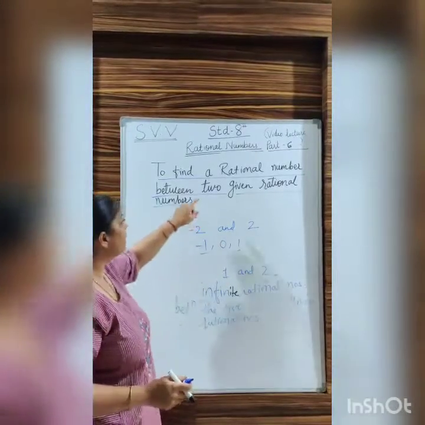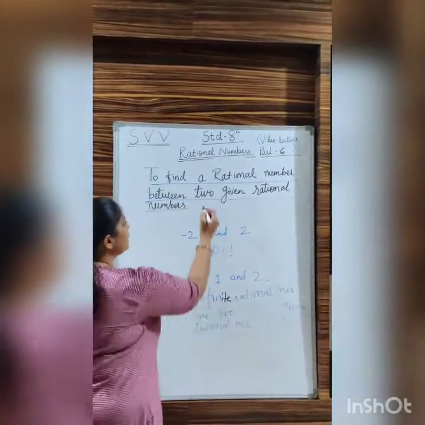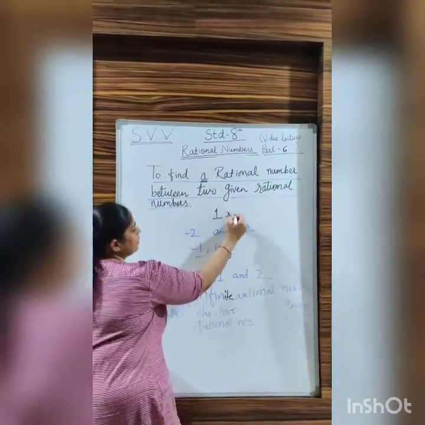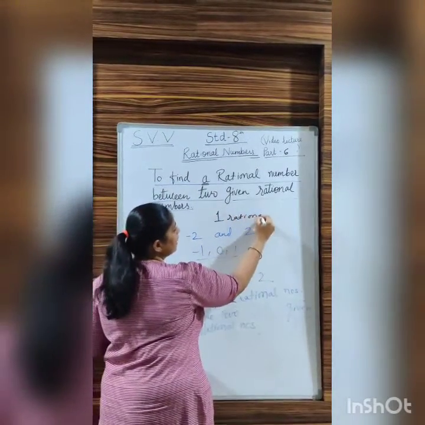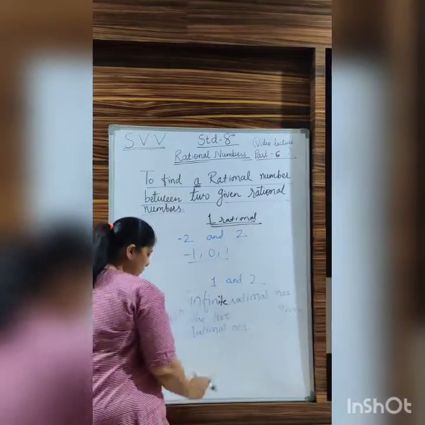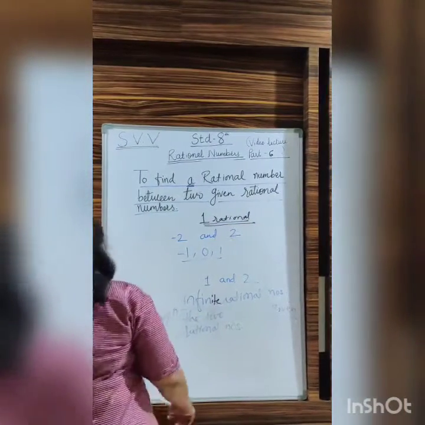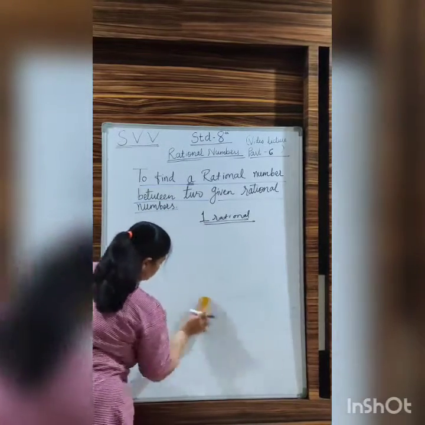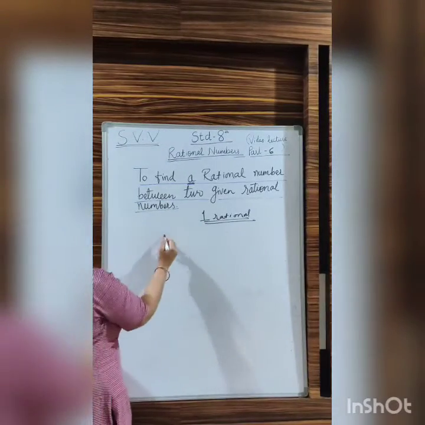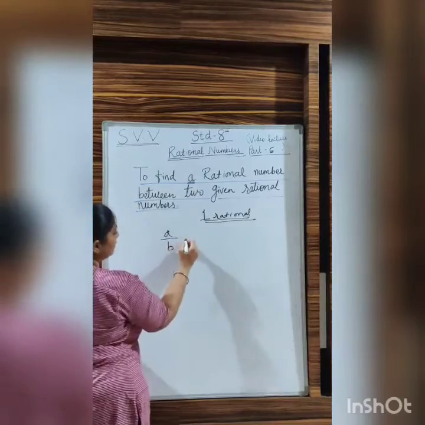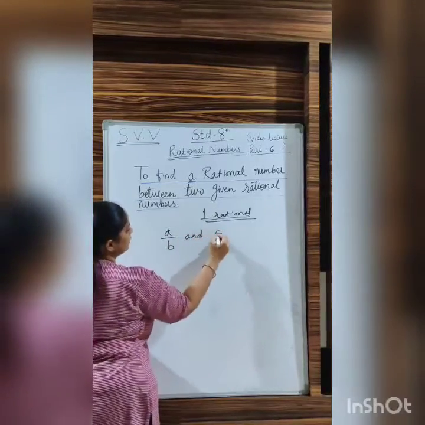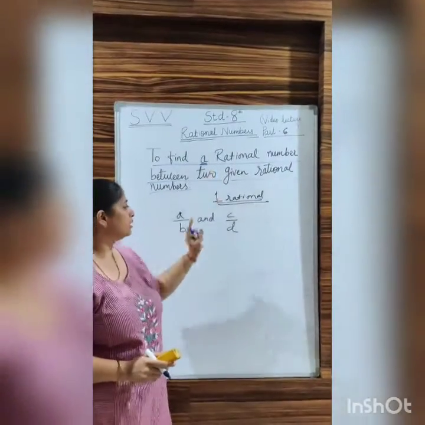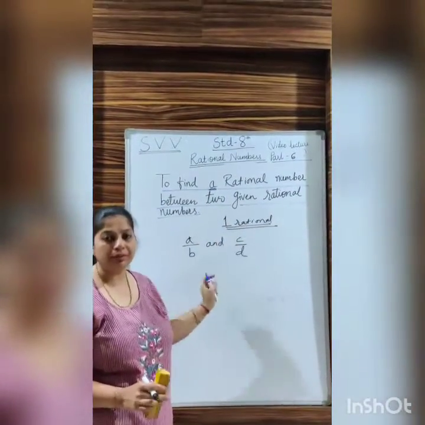Okay? So to find a single rational number, only one rational number, we can go with an example. Suppose A by B is a rational number and C by D is a rational number, and we have to find one rational number between them.